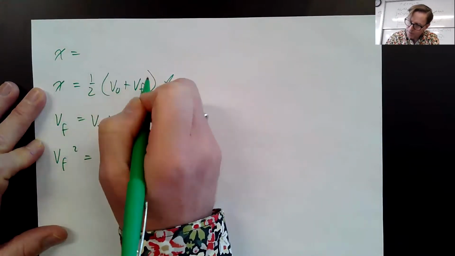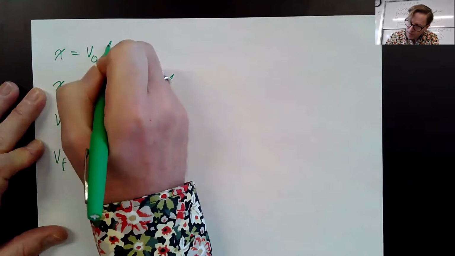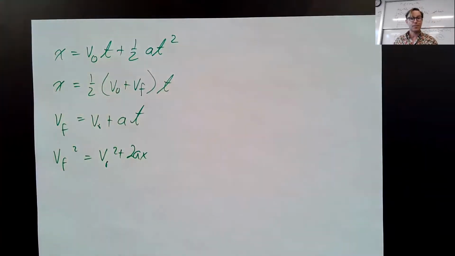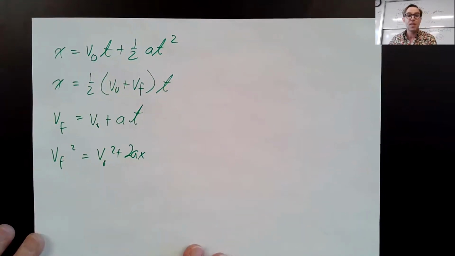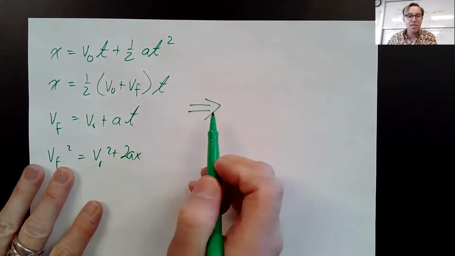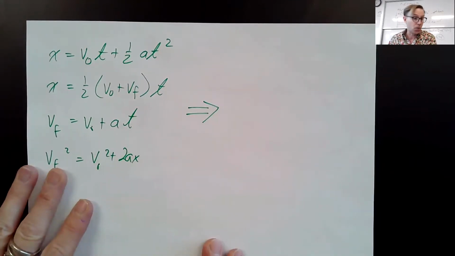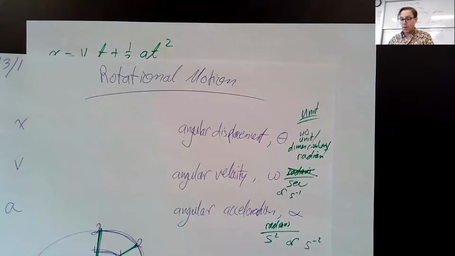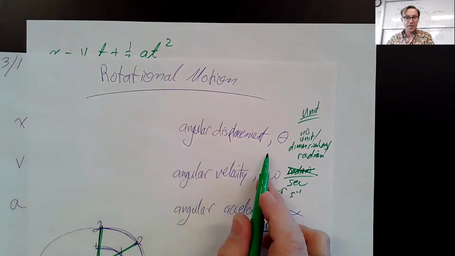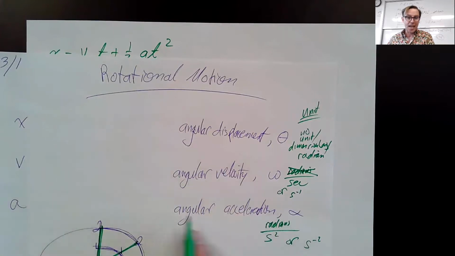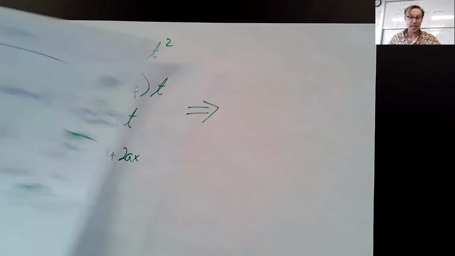They should look very familiar because we used them a lot in each of the previous units. These equations translate letter for letter into the rotational world. We just have to remember that we're always going to replace x with theta, v with omega, and a with alpha, letter for letter.